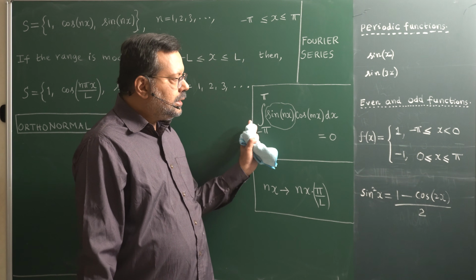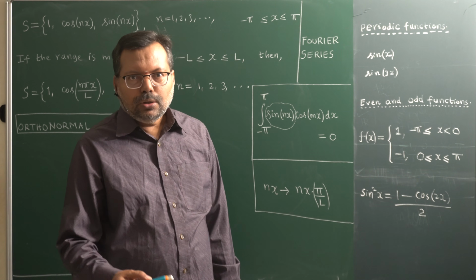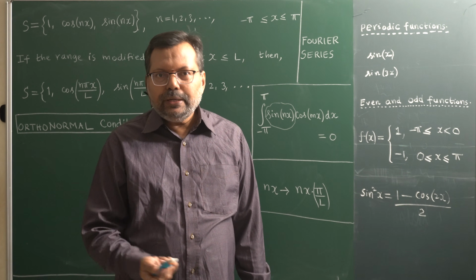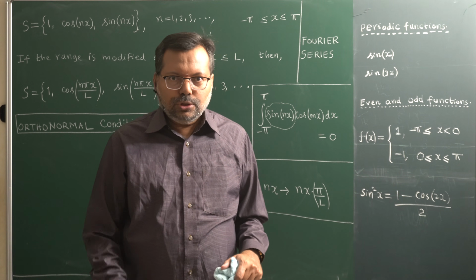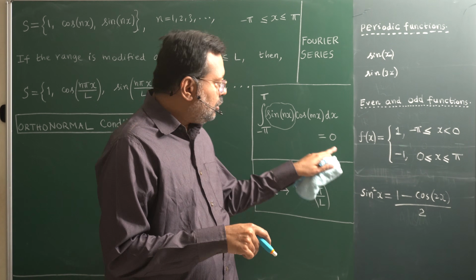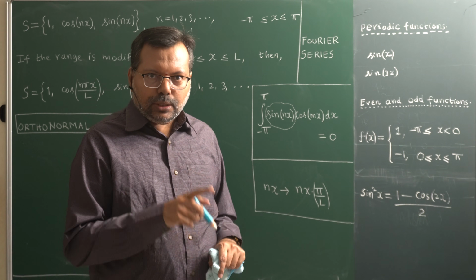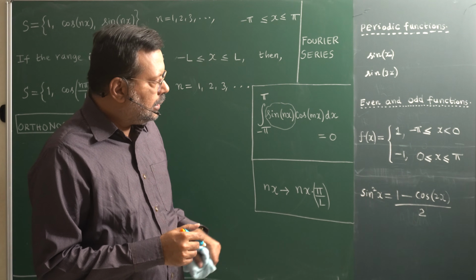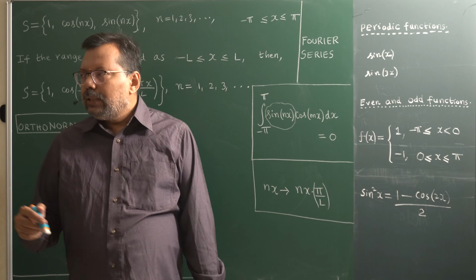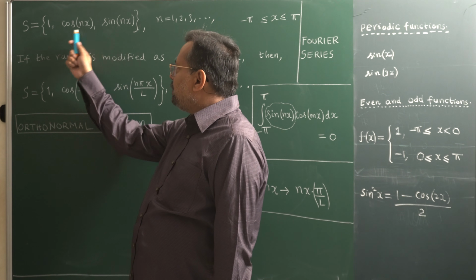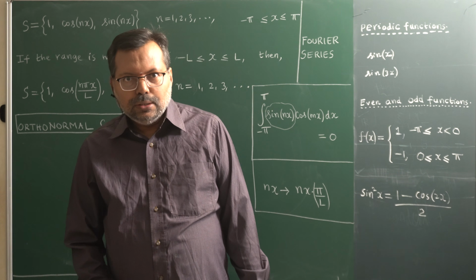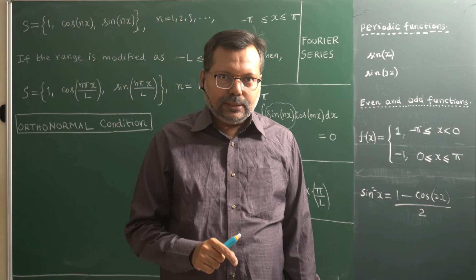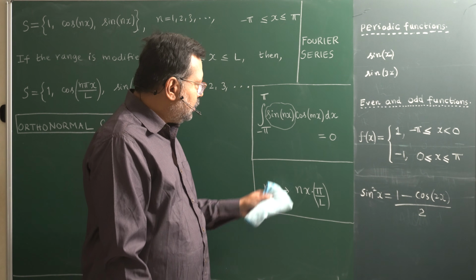Therefore, the orthogonality property cannot be demanded, because without even demanding, you get 0. That should not happen. The 0 should come because of the property only, otherwise there is no point in discussing. For that reason, 0 should not be acceptable inside the set. That means 0 is not an element belonging to the set S. Keep that in mind.